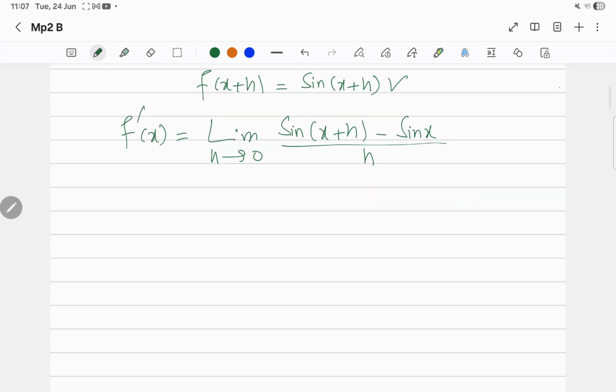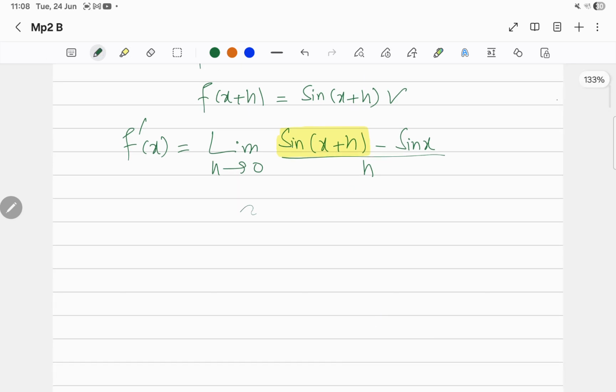Now we can apply the trigonometric identity on this sine of (x plus h): sine of (a plus b) equals sine a cos b plus cos a sine b.